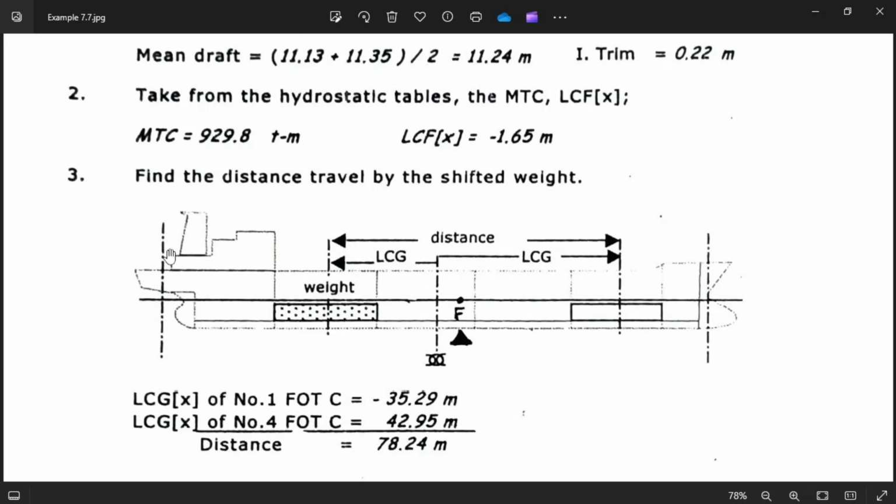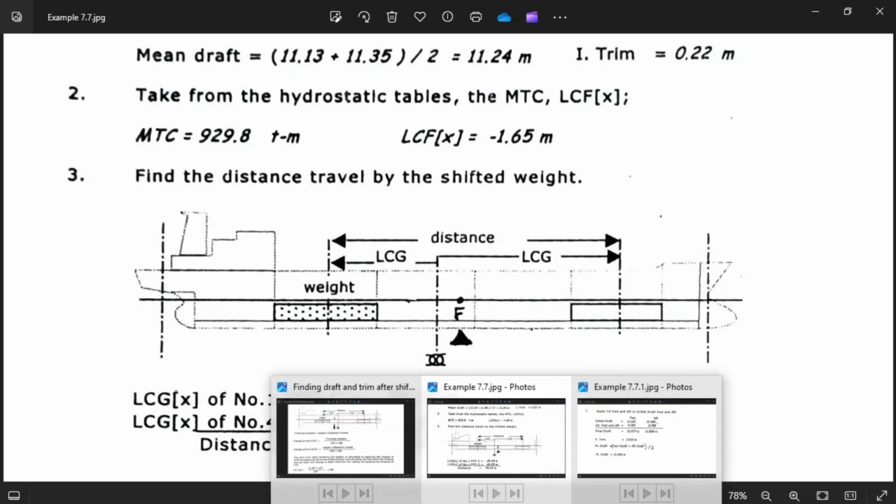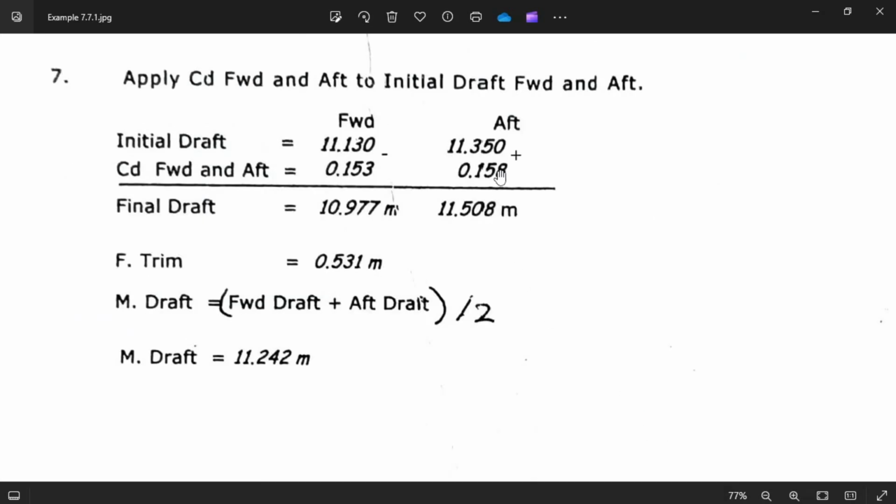When forward rises, that will be negative, and when the aft part sinks, that will be positive. That's why on the forward part you minus the change of draft forward because it will rise.